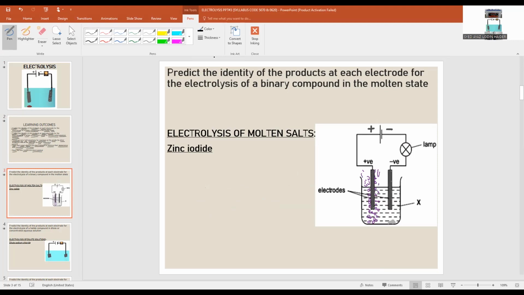Zinc iodide. For molten zinc iodide, you know the products: molten zinc will be produced at the cathode. So at the cathode, you will get molten zinc, a silvery white liquid, and purple fumes of iodine gas produced at the anode.